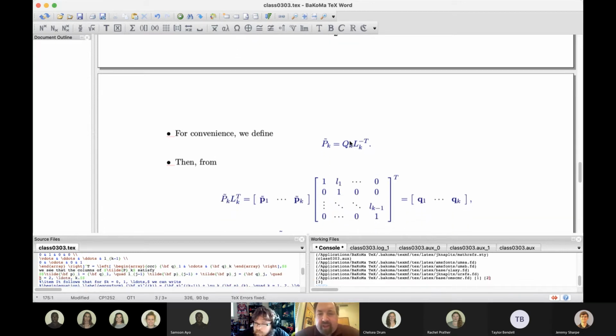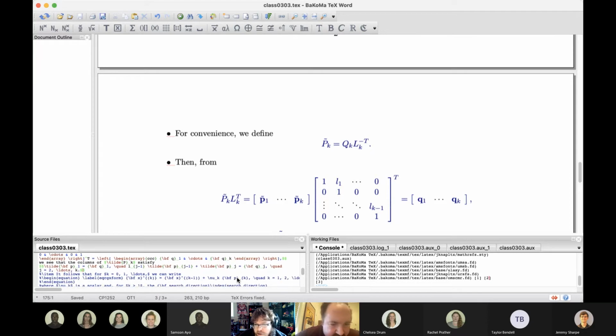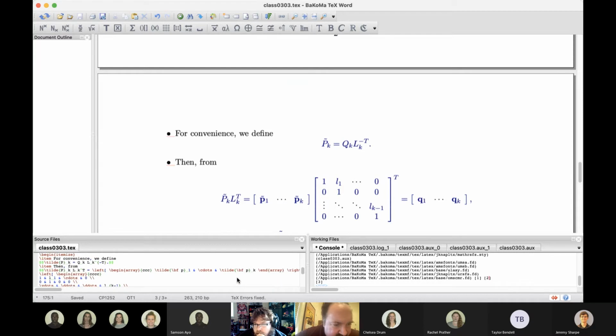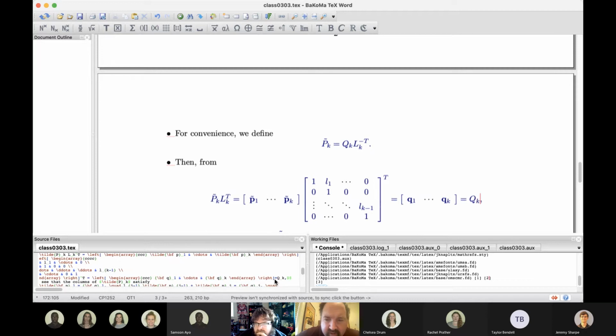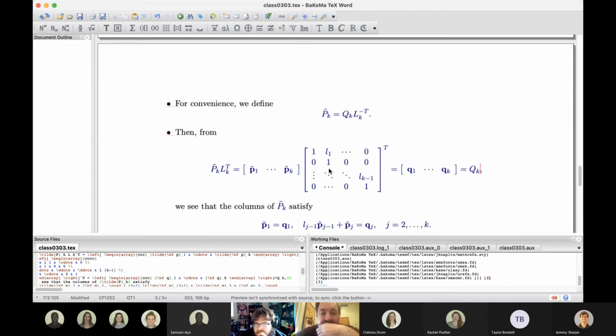So if I multiply both sides on the right by L_k transpose, then I would only have Q_k on the right side. Actually, I should fill that in here. Okay. And then on the left side, I'll have P_k tilde L_k transpose. So that's what I have here.